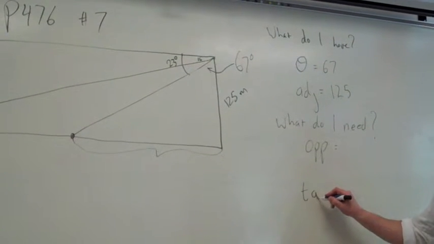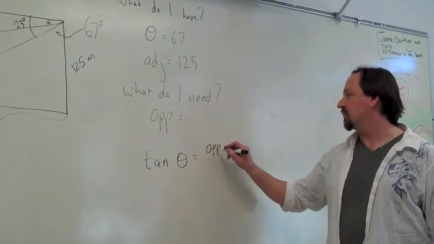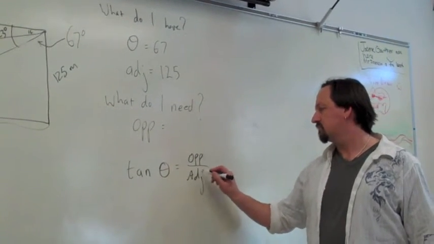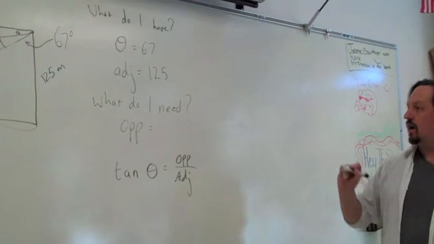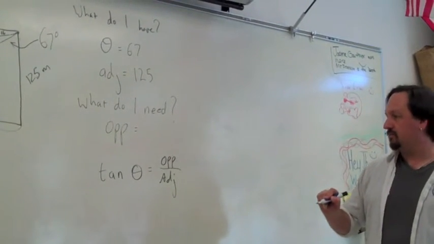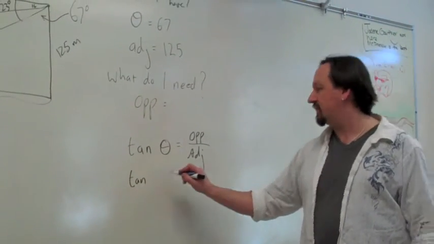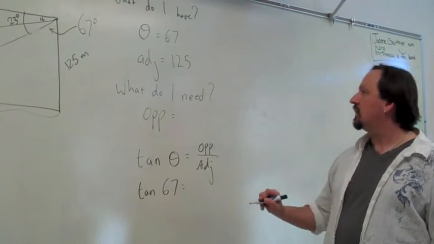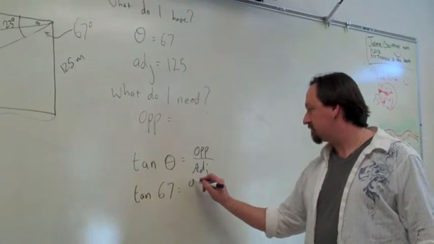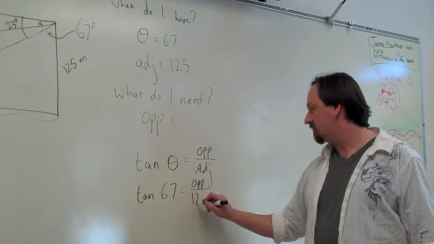So here's my equation. I'm going to set it up like this. The tangent of theta equals opposite over adjacent. I know the angle. I know the adjacent. I'm trying to find opposite. When we plug those in, I know that the tangent of 67 equals opposite divided by 125.